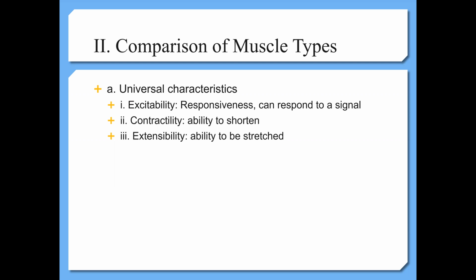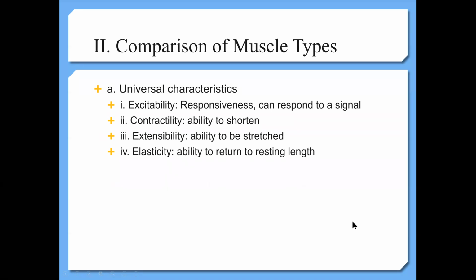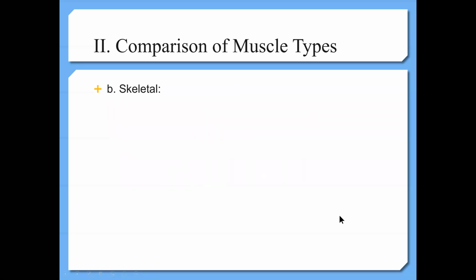If we want to extend our antebrachium, our forearm, then we would contract the triceps. When the triceps contracts, the biceps would extend. And then elasticity, the ability to return to the resting length.